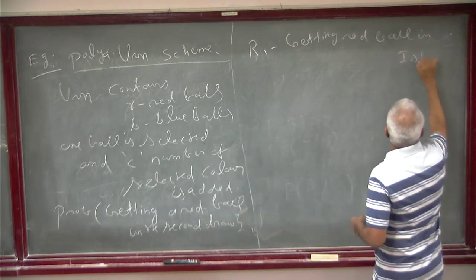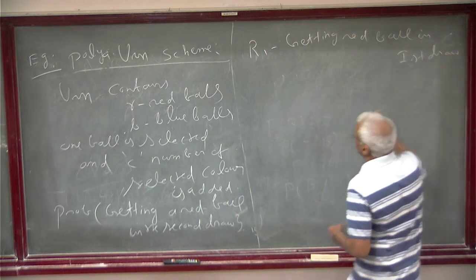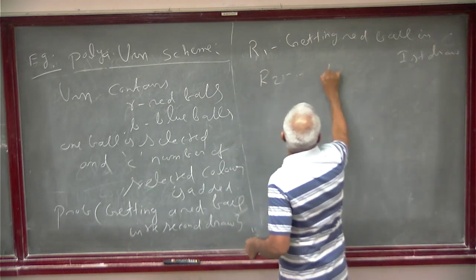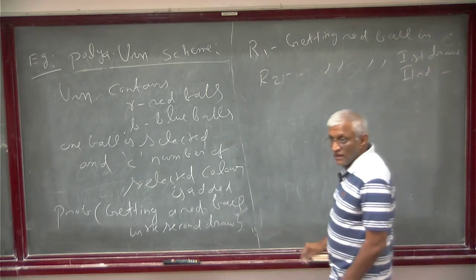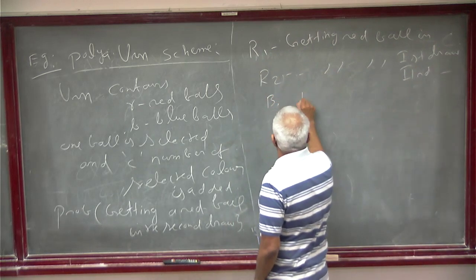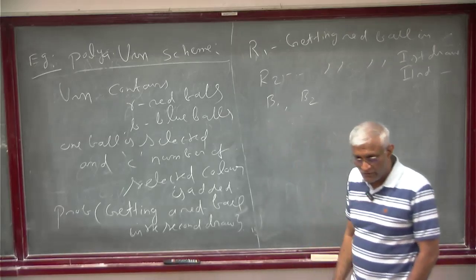Similarly, R2 is getting a red ball in the second draw. Similarly, B1 and B2. We can calculate B2 also.